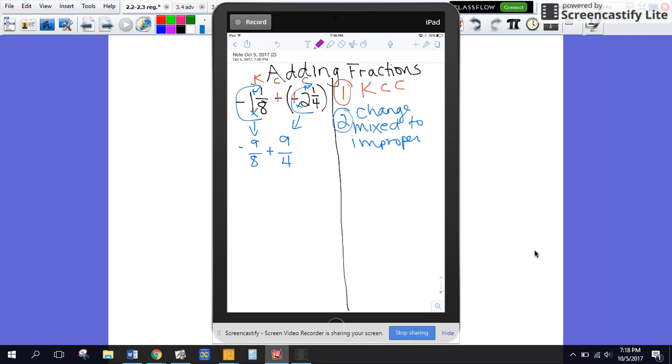Okay, sticking with our 6th grade content here, now that we've got our improper fractions, we are going to need to change this to have common denominators. Again, I'm not reviewing how to do that, so I'm just going to write convert fractions to common denominators.